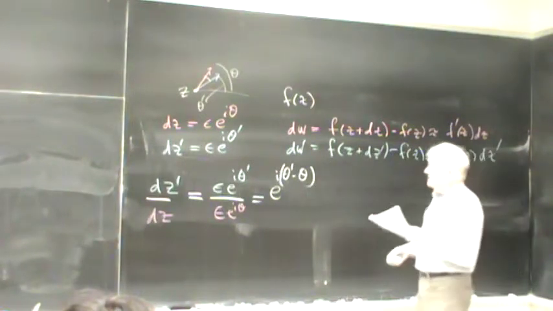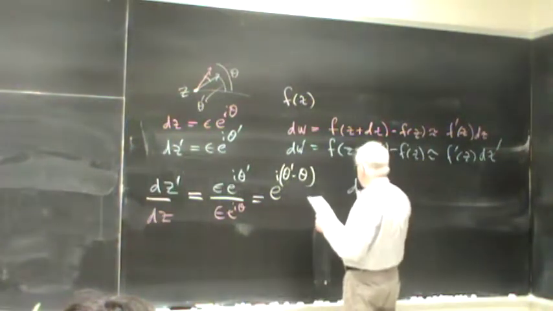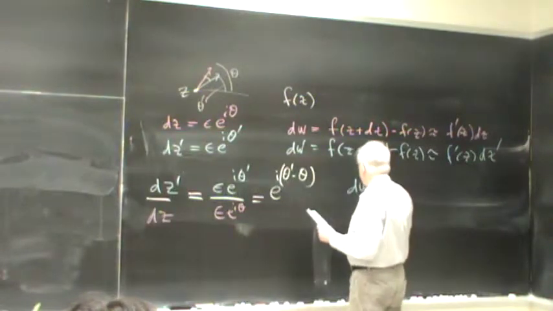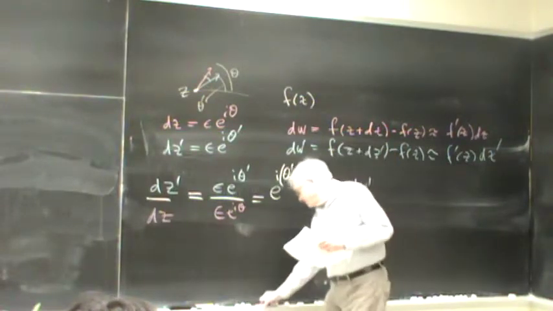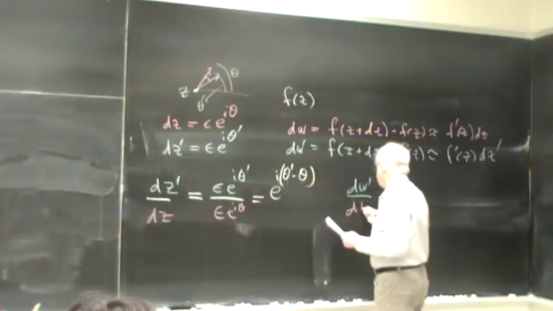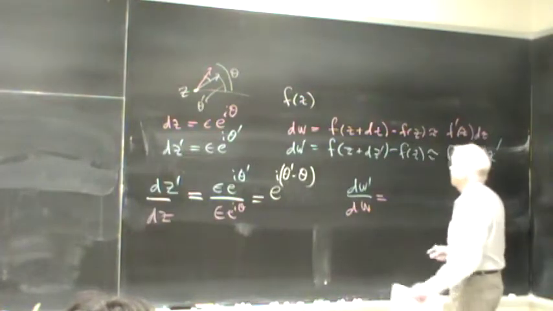Now the point is that dw prime over dw, well, what is it going to be?